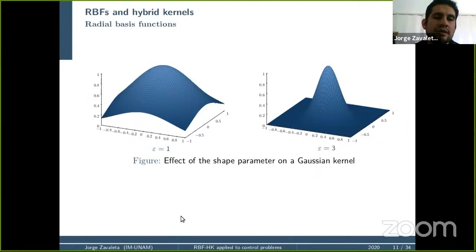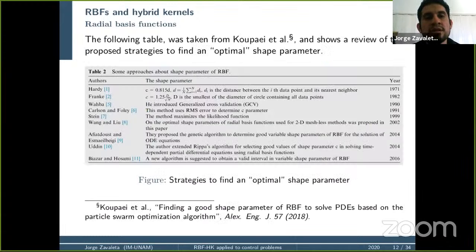it also affects the stability of the methods. So here is an example of how this subject is an active field of research in the radial basis function theory.